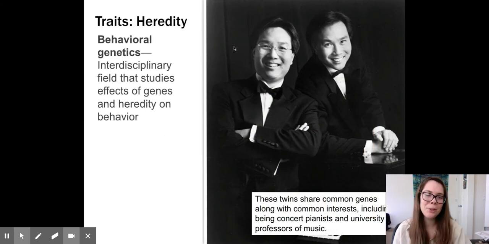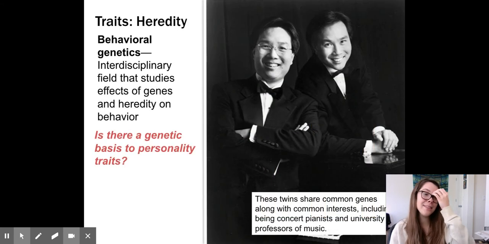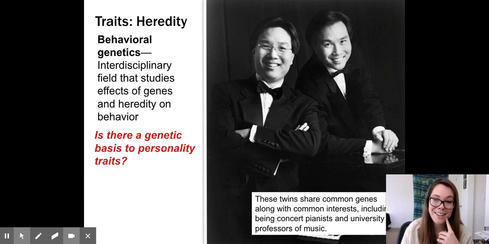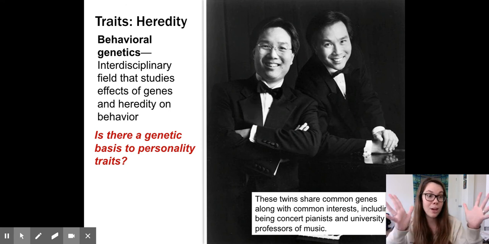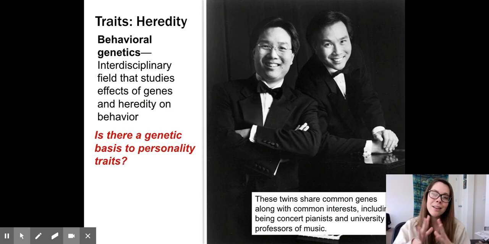And just some fun little facts, because twins and personality and heredity are so interesting to me. For those who don't know, I am marrying an identical twin. I know, my fiance, there's two of them. Oh my gosh, it's awful. I'm just kidding, Jake's awesome. But it's really interesting how their personalities were more similar in high school, and now they're very, very different personality wise.